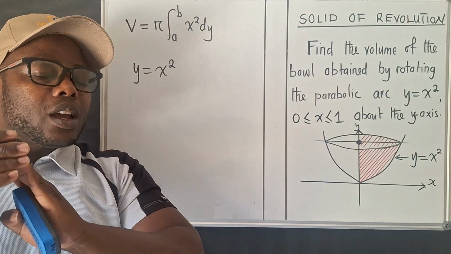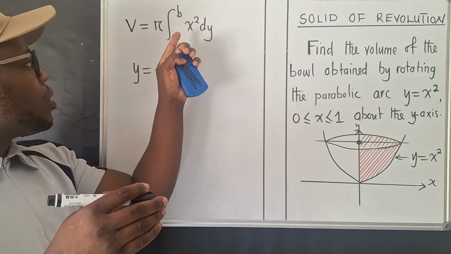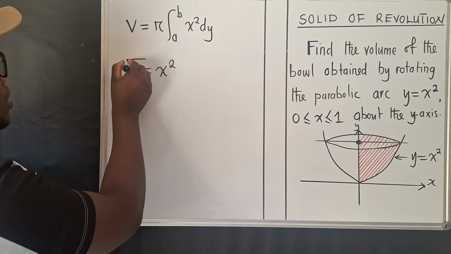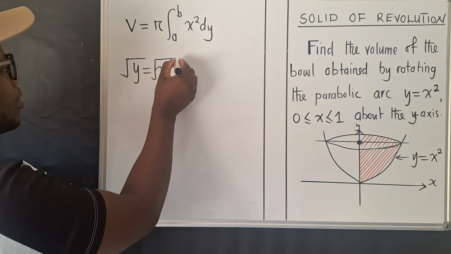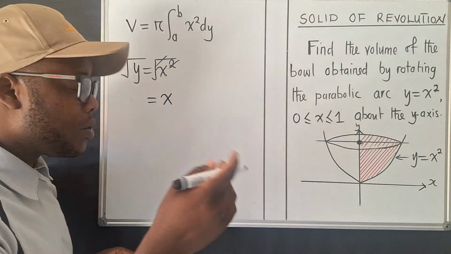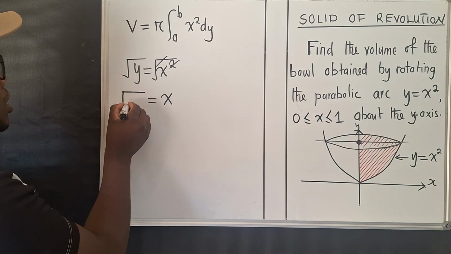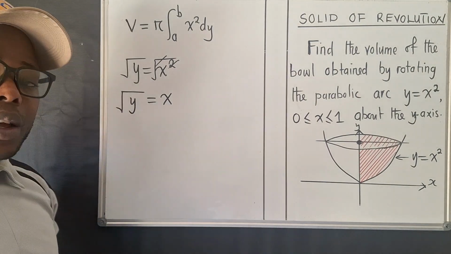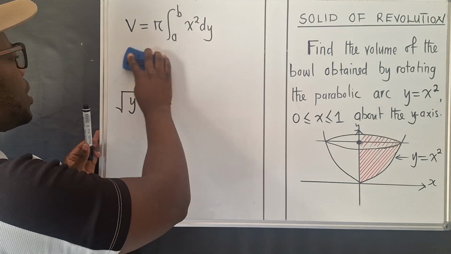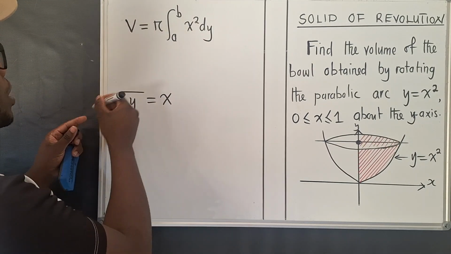We're supposed to make x the subject of the formula so that we can have x right over here. So we take the square root of both sides, so that this and this will go. We shall remain with x, which is the subject of the formula, equal to the square root of y. Now this has helped us understand what we're supposed to put right here.